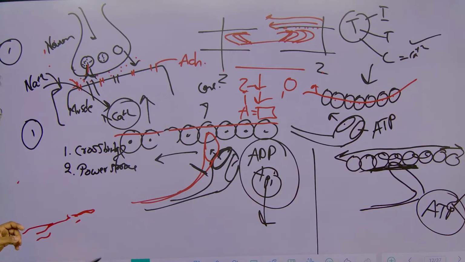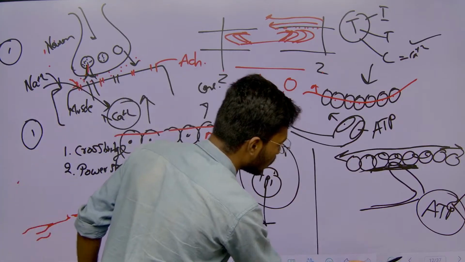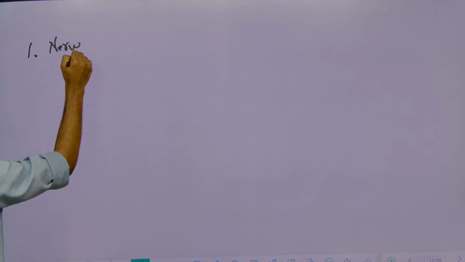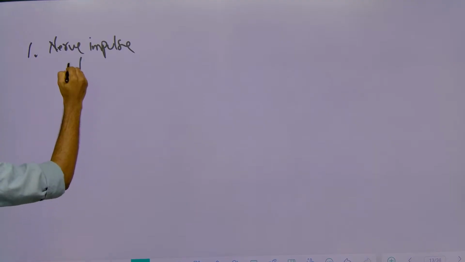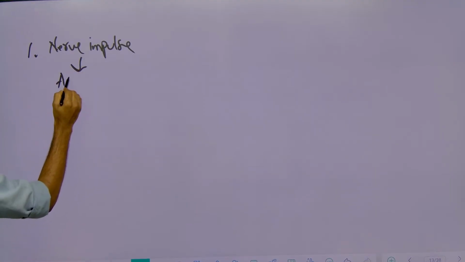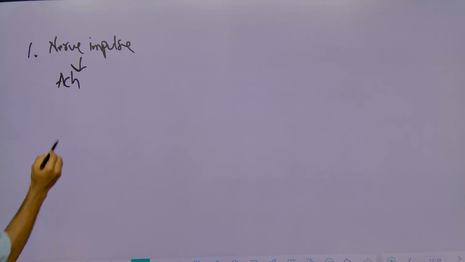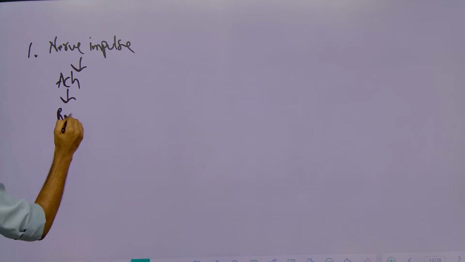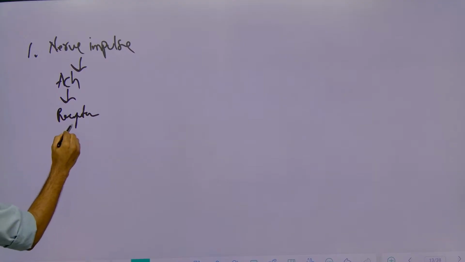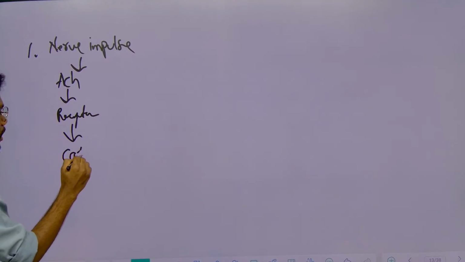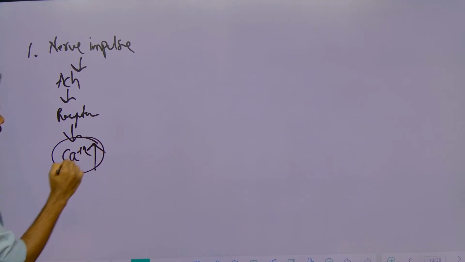Starting with what? Starting with a nerve impulse. After that, this nerve impulse releases the acetylcholine neurotransmitter. Then receptors are engaged with acetylcholine. Then calcium will increase in the muscle.